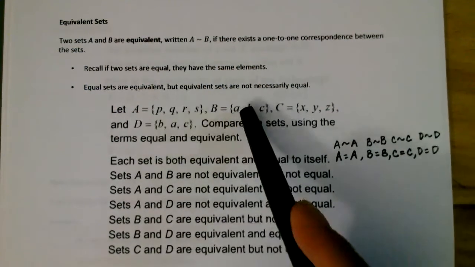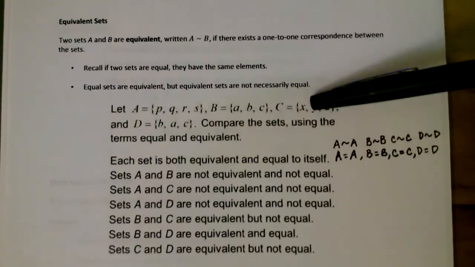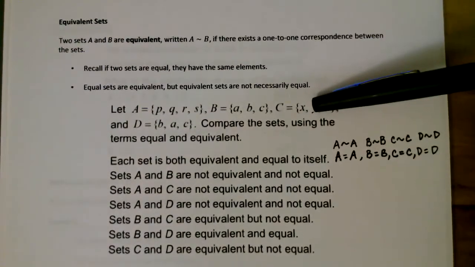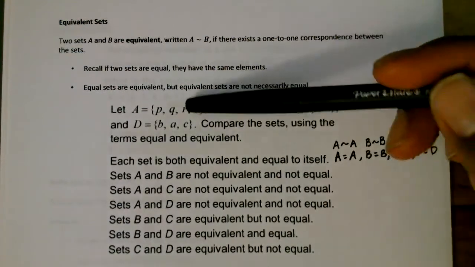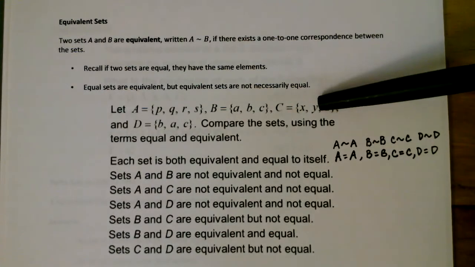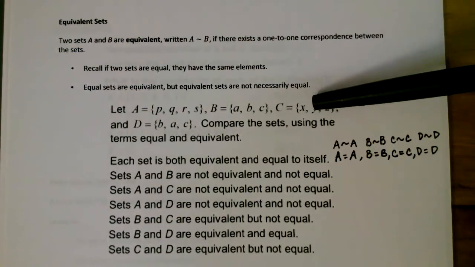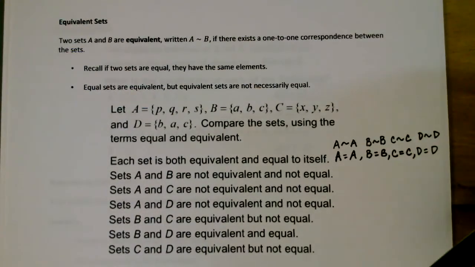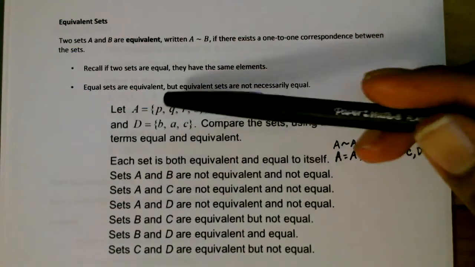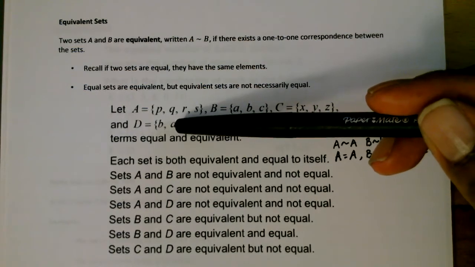And here, they're not equivalent because I'm not able to come up with a one-to-one correspondence for A and B. Also, sets A and C are not equivalent and not equal for the same reasons, because I can't come up with a one-to-one correspondence with A and C. And also, the elements that are in A are not in C, and the elements in C are not in A. Now, sets A and D, if I compare those two, they're not equivalent and not equal for the same reason.